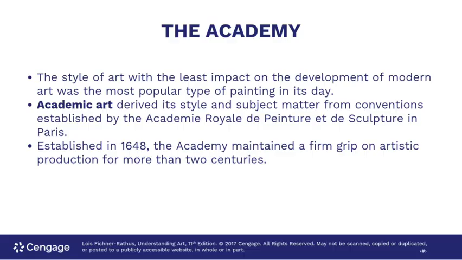Academic art derived its style and subject matter from the conventions established by the Académie Royale de Peinture et de Sculpture in Paris. I'm out of practice with my French. Established in 1648, the Academy maintained a firm grip on artistic production for more than 2 centuries. So remember, we mentioned this before, the idea that if you wanted to show your work in the Academy, you had to be a member of the Academy, which means you had to follow the rules of the Academy.